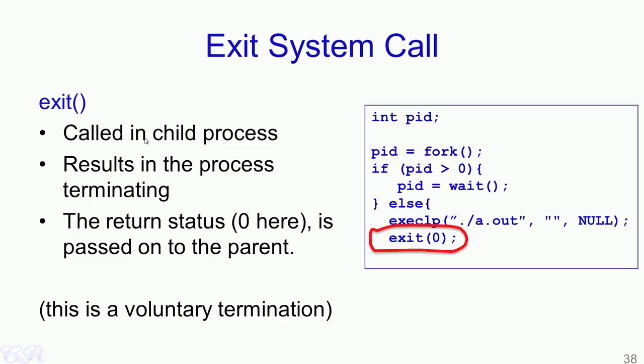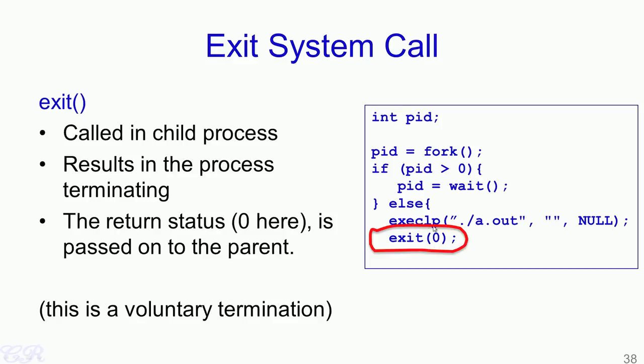Now that we have seen how processes are cloned and how a new program is executed, let us see how to terminate a process. A process gets terminated by something known as an exit call. So, for instance, let us go back to our example, and in the child process we actually run the executable a.out, which then gets executed, and this is followed by an exit 0.